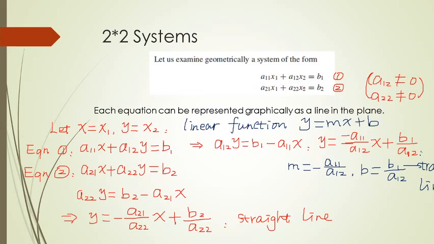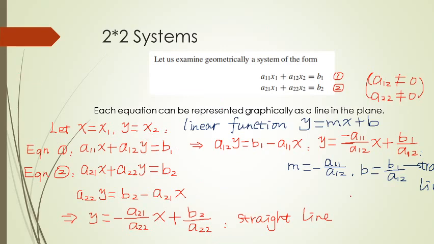And if A22 equals 0, that is the same: x1 equals B2 over A21, just a vertical line. So generally when A12 and A22 are not equal to 0, we can express y, taking x2 as the y-axis, so we can represent it as a straight line.